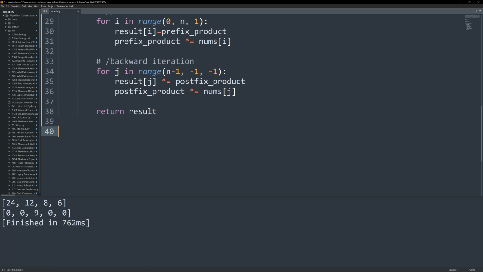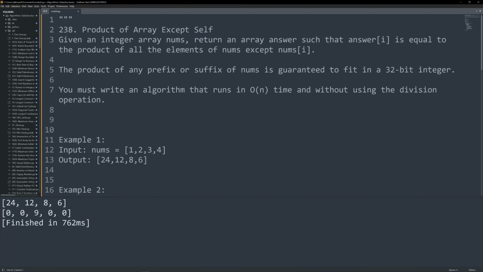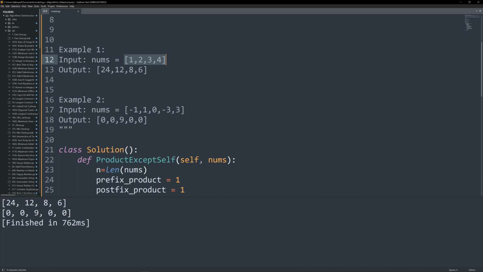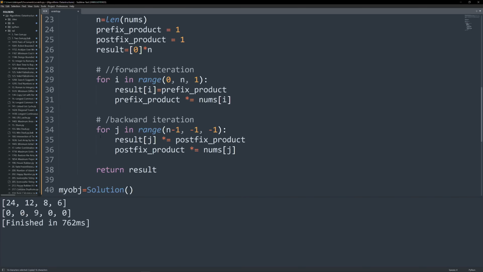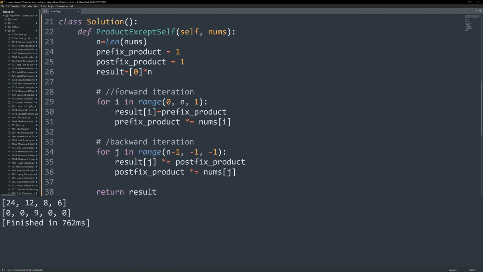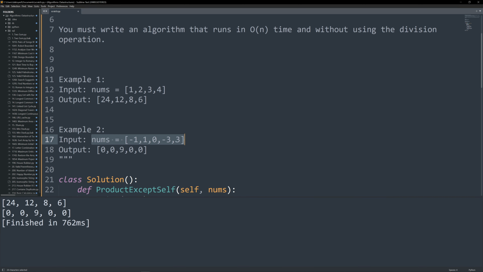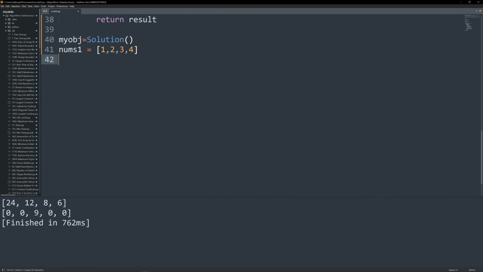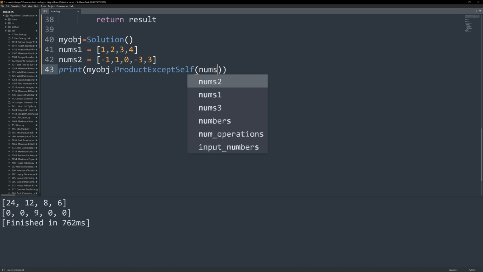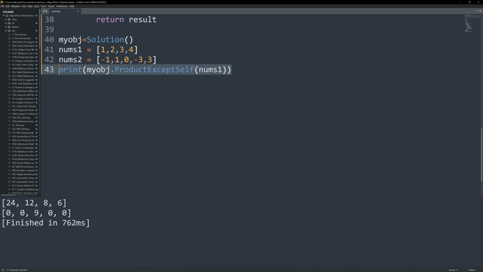And that's it. Let us write an object to find if this is working, and then we can use the two examples that have been given here. nums1 is this, and nums2 is this array, and then let us access the user defined function using the object and pass the arguments nums1 and nums2.